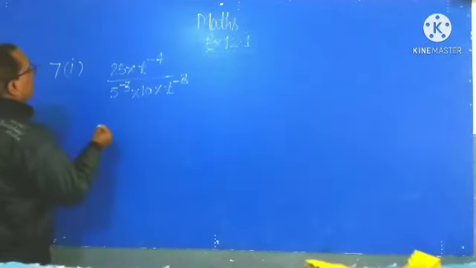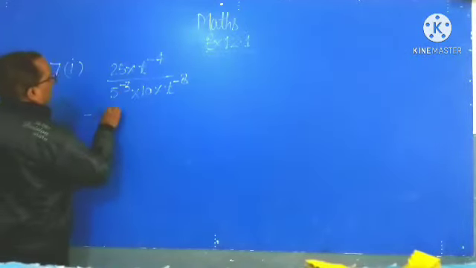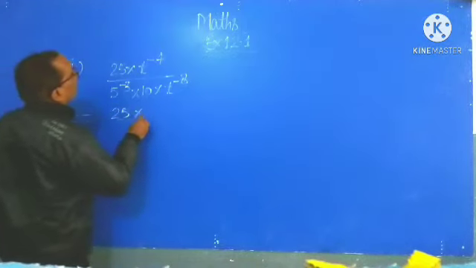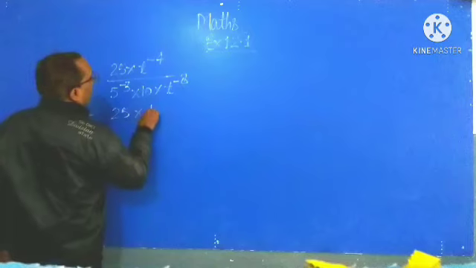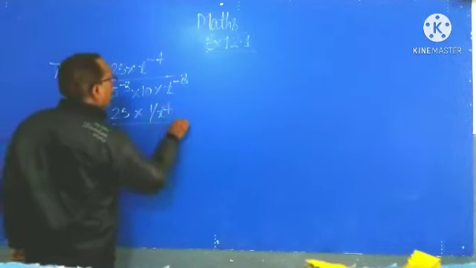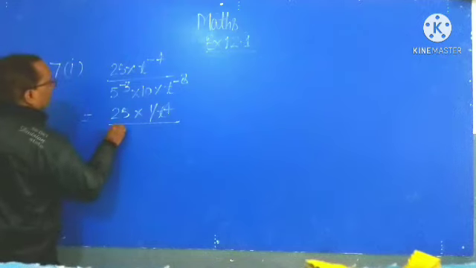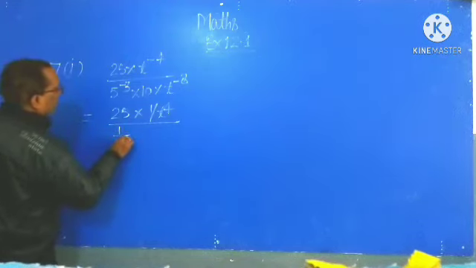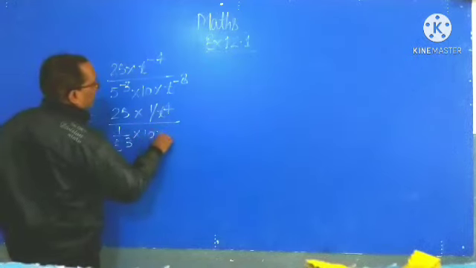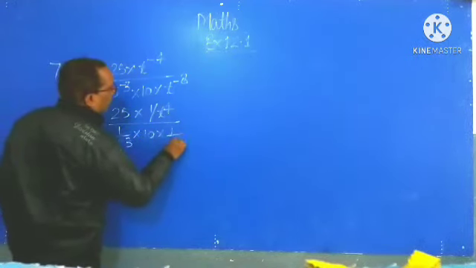You write down 25 into 1 upon t to power 4, upon 1 upon 5 to power 3 into 10 into 1 upon t to power 8.